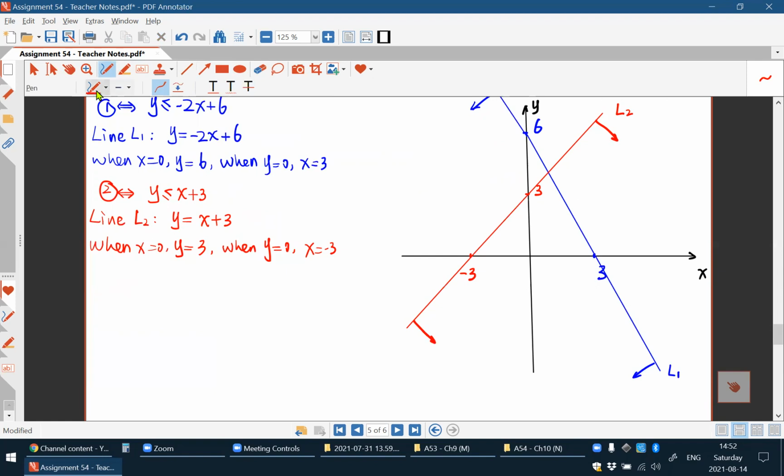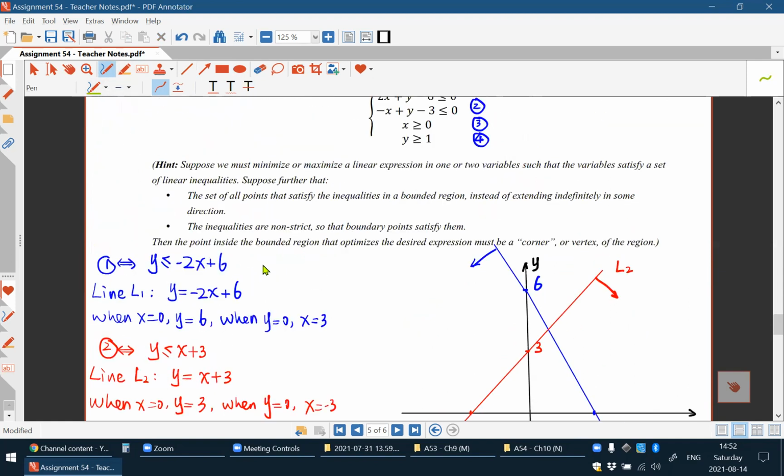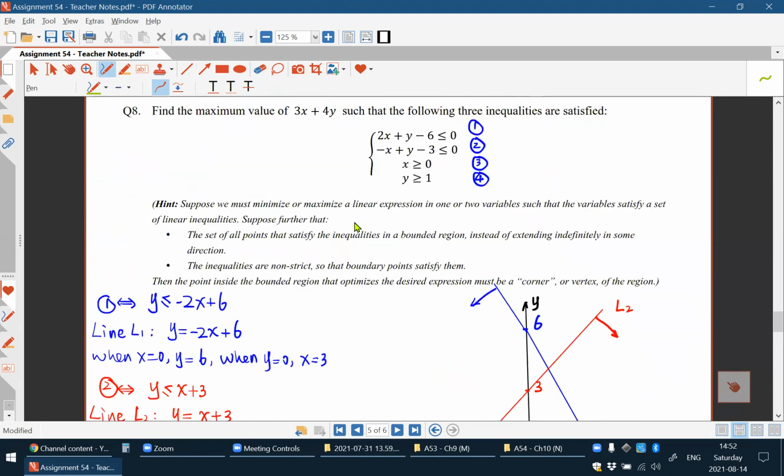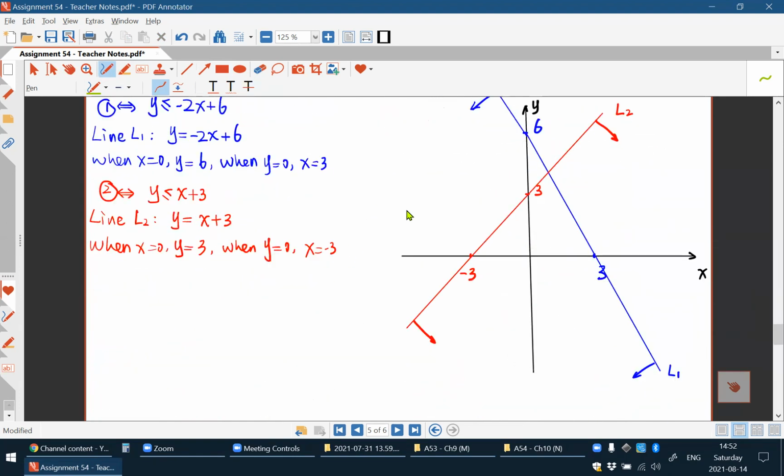Okay, next, inequality number 3 is just x greater than or equal to 0. So the corresponding line L3 is x equals 0, right? X equals 0 is just the y-axis, right? So the y-axis is actually our line 3.